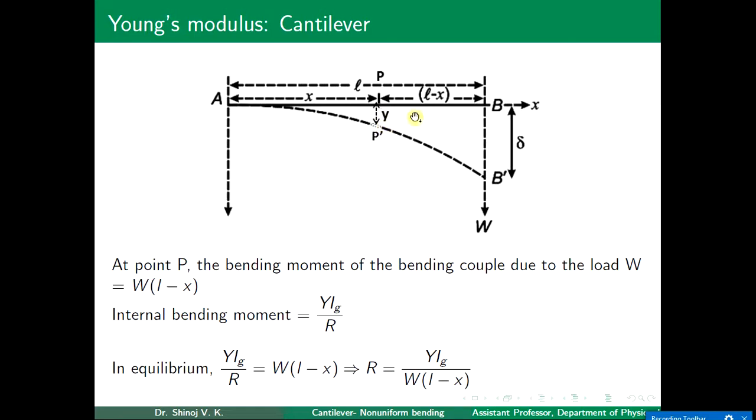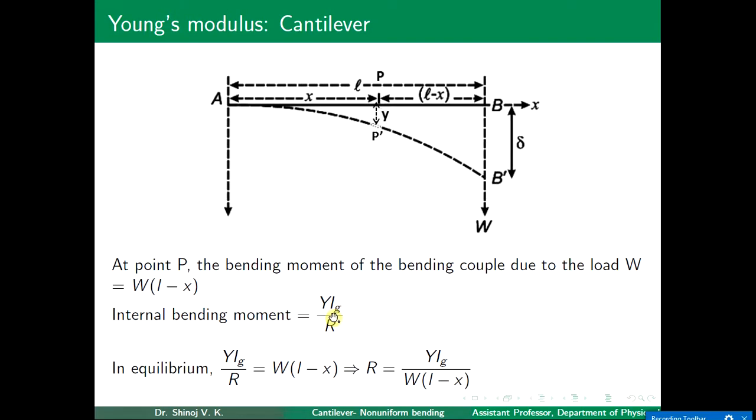The force in this case is the load W or mg, and the perpendicular distance from the loaded end is L minus x. So the bending moment of the bending couple due to this load W will be W into L minus x, and the internal bending moment, for which we derived the expression, is equal to Y Ig by R.